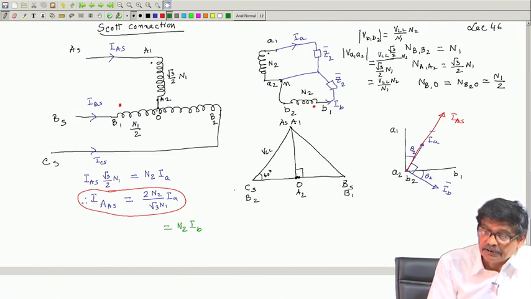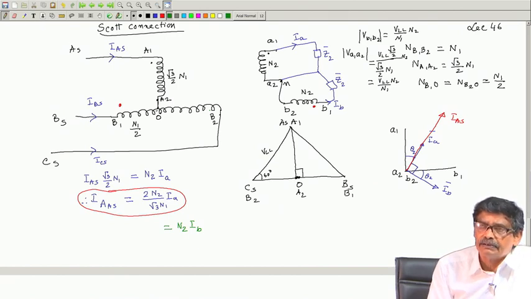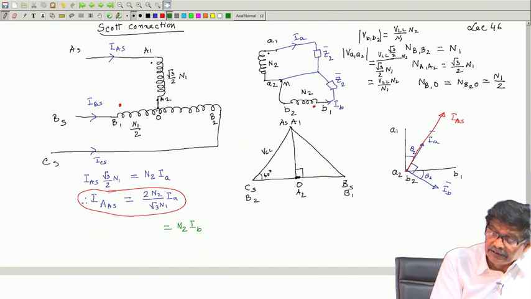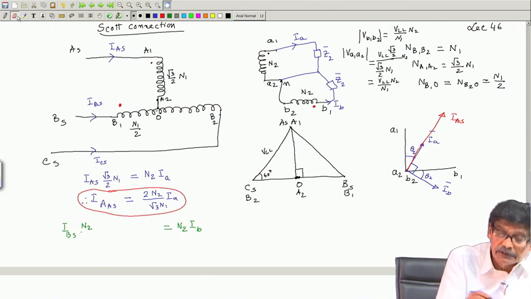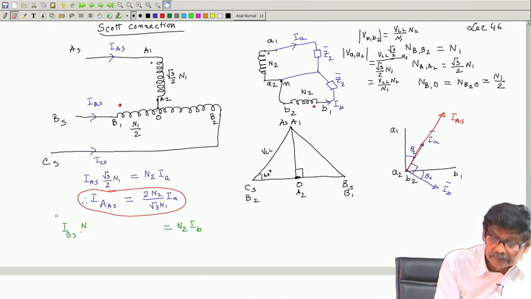But here the problem is the current in this portion has 50% turns, and in these portions they are different, but no problem. So, for the N1 by 2 turns, it should be IBS into N1 by 2.